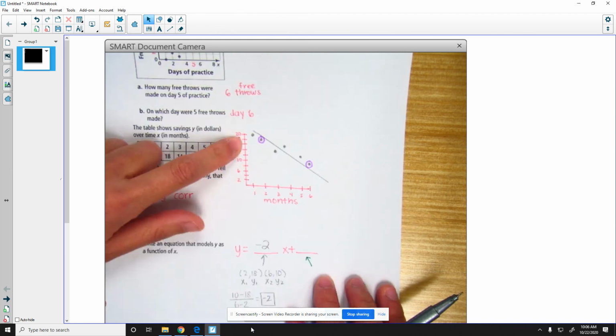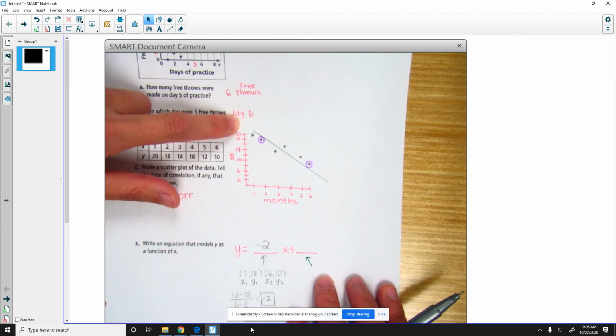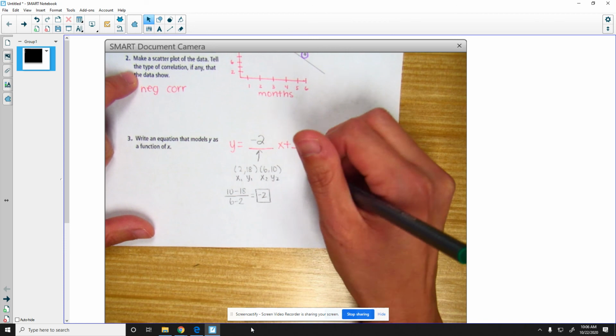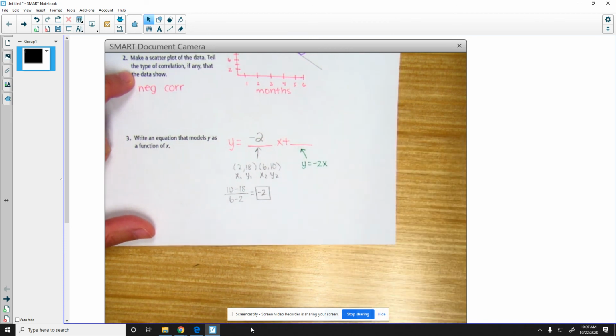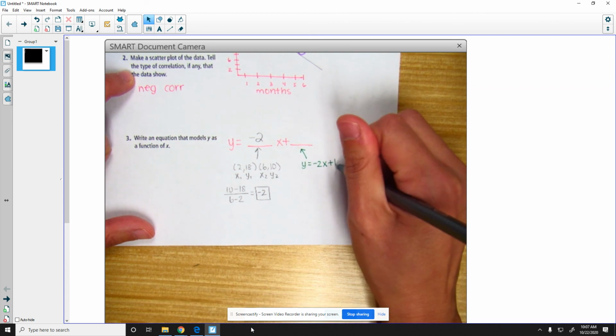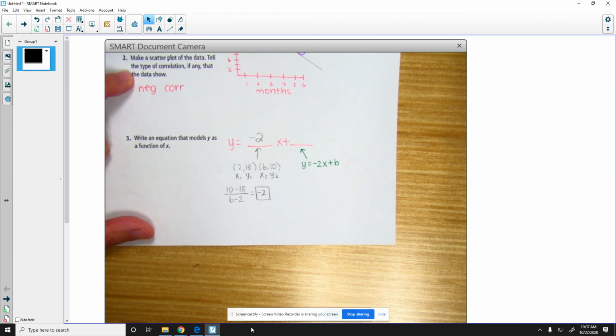Okay, because here's the thing, I don't know what B is. B is way up here. It's like 20 something. I don't even know. My graph doesn't even go that high. So I'm going to say I have y equals my slope, which is for me -2, but for you, I don't know what it would be, X plus B. I'm going to choose one of my points that I used for the slope.